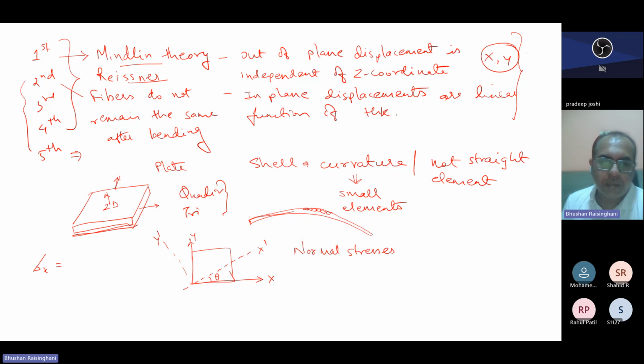These are not in the principal direction. So we need to derive normal stresses. So what we derive is sigma x into cos square theta plus sigma y into sine square theta. I think we have derived this.